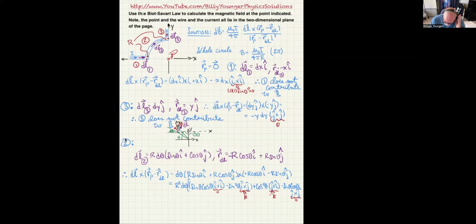But now that we have j hat cross i hat is negative k, now they're both negative, which means we can actually get sine squared plus cosine squared equals 1, and that makes our simplification a lot easier. So what we're going to have now is r squared d theta times parentheses sine squared theta plus cosine squared theta times k hat with a negative out in front.